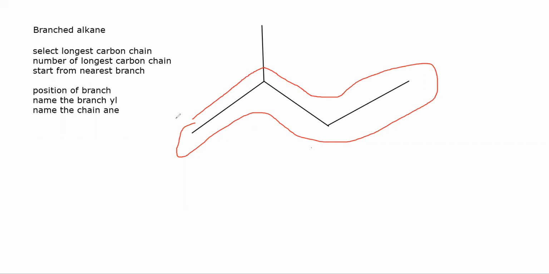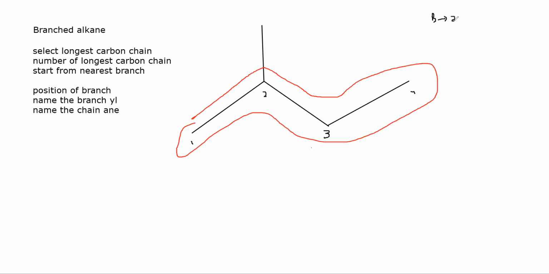from the nearest branch. So we should number the carbon atoms from the nearest branch. If I number this 1, 2, 3, 4, the branch is coming at 3 if I number from the right hand side. When I number from the left hand side, 1, 2, 3, 4, the branch is coming at 2.